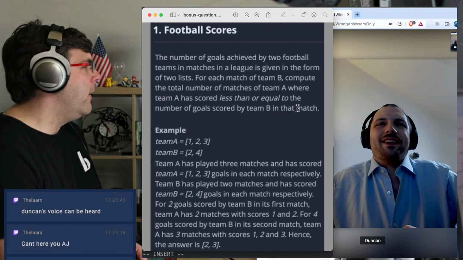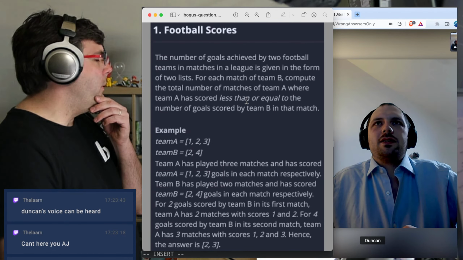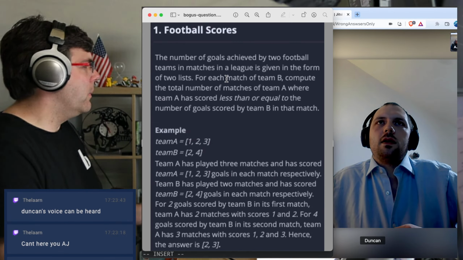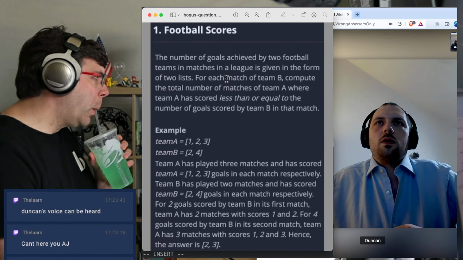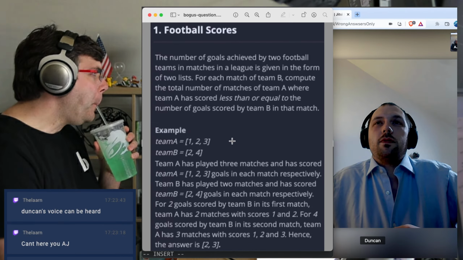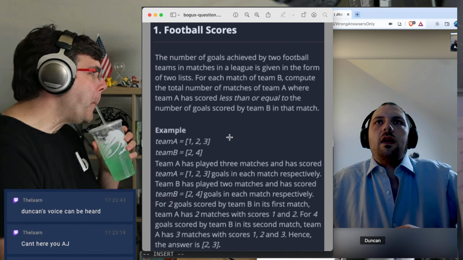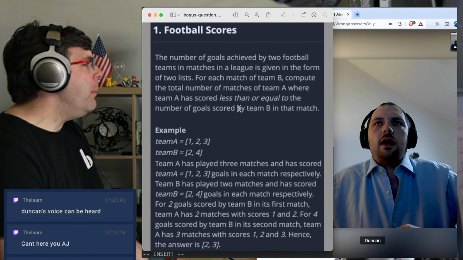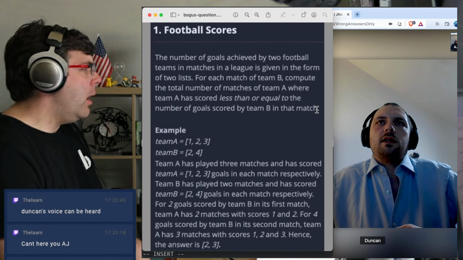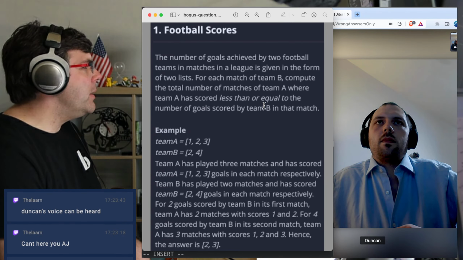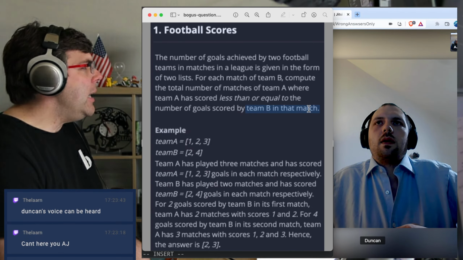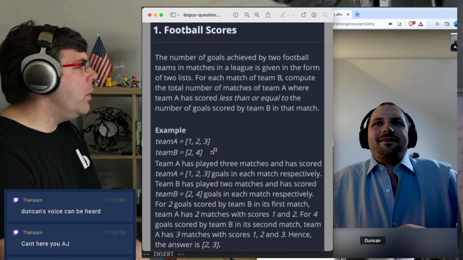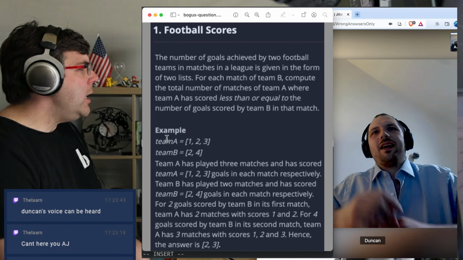Yeah, you're there, but with, again, words down in the way. So you're given two lists. For each member of the second list, find the total number of members of the first list that have a lower value than that member of the second list, and then return a list that contains that.